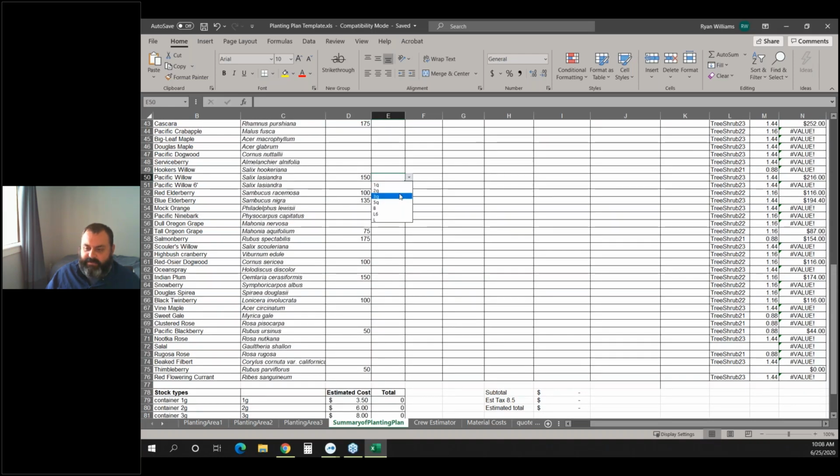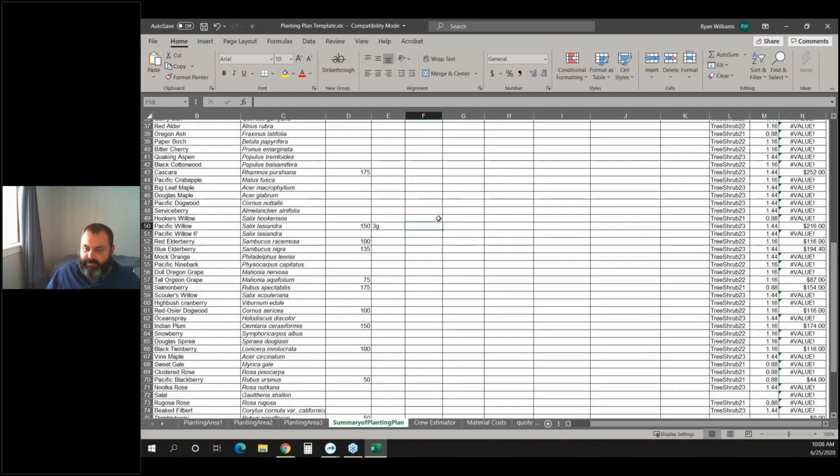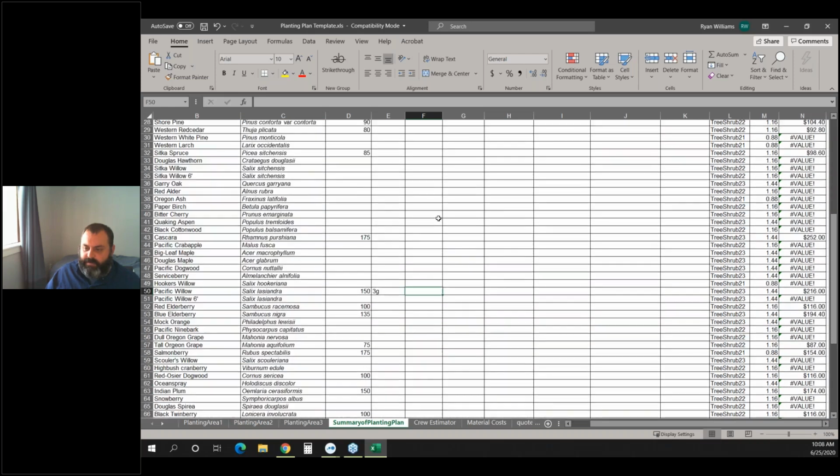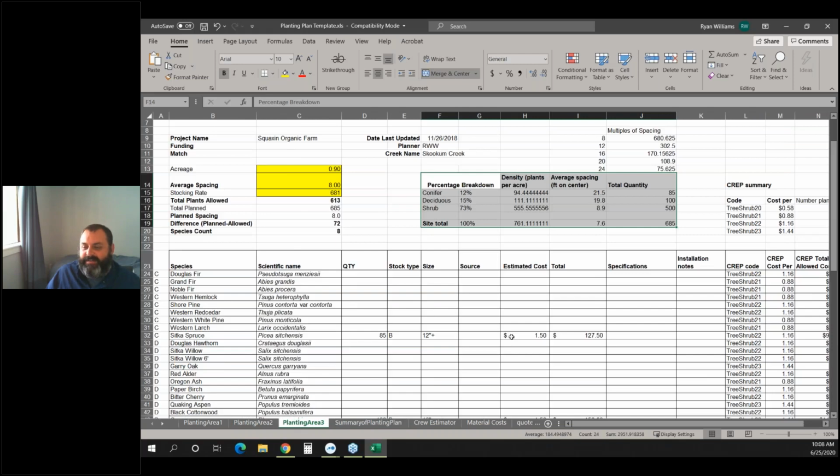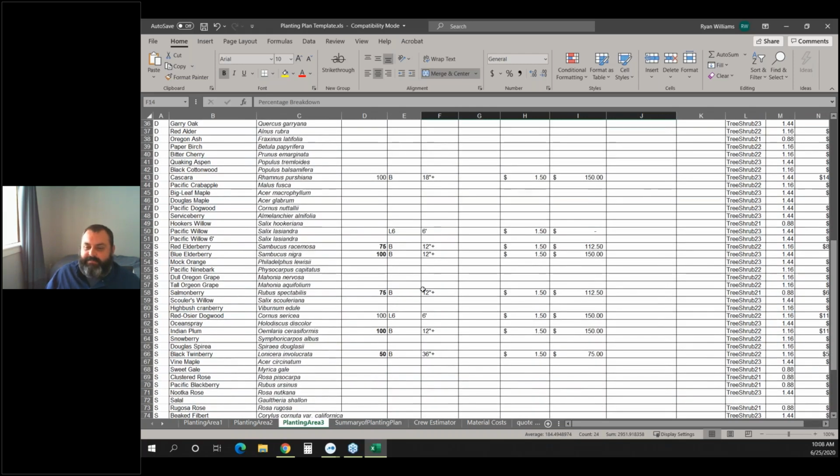I can select what size and it'll spit out a cost, but the formulas are missing. There we go, better one. That gives me the ability to start building a spec for what I'm looking for. For example, a 6-foot live stake is going to be a different cost than a 3-foot live stake, and so I have that really built into this tool.